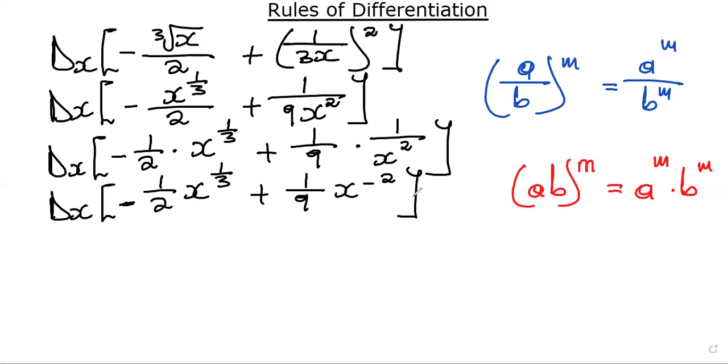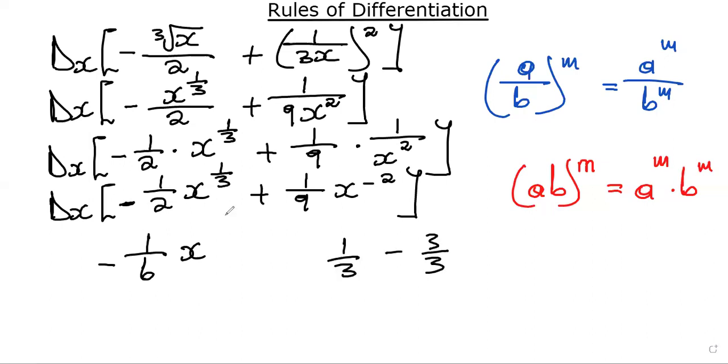We can just drop the notation sign. So you say exponent multiplied by the coefficient of x. So -½ times 1/3, it's -1/6. And we still have our x there. And then we subtract 1 from the exponent.